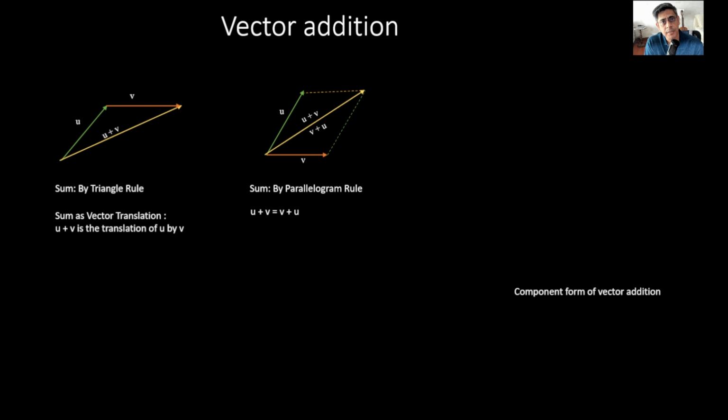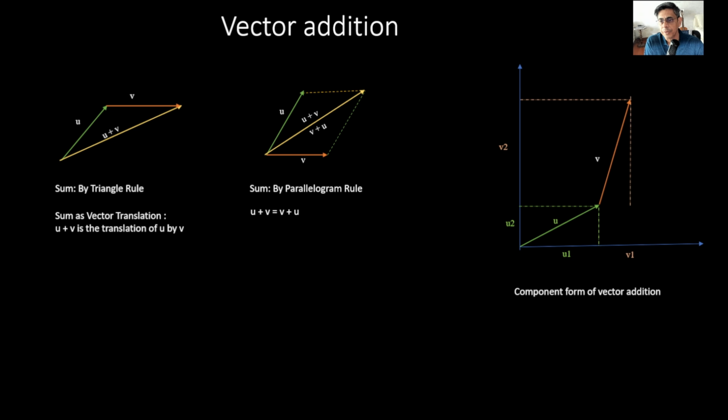Okay, let's also understand the component form of vector addition. This is one vector, the green one, and U1 and U2 are its components along the x and y axes. We have another vector B which we want to add, and its components are also B1 and B2.